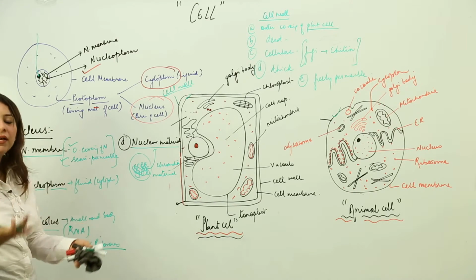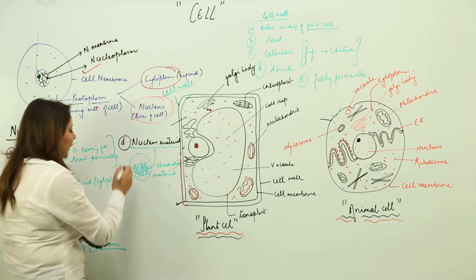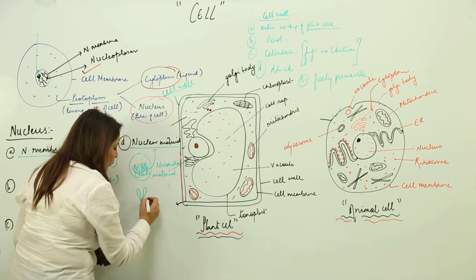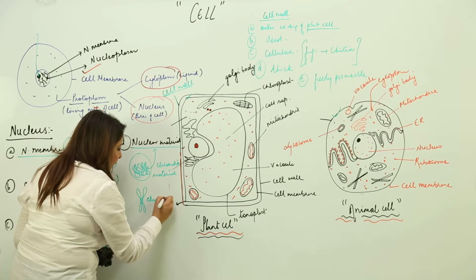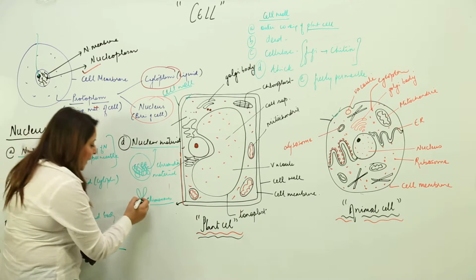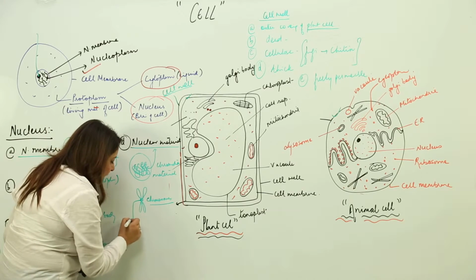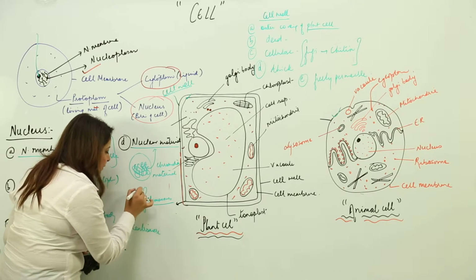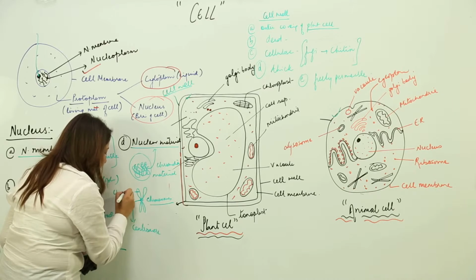But later, in the stages of cell division, it gets condensed to form beautifully arranged chromosomes. When it appears like this, it is called a chromosome. The center part by which they are held is called the centromere, and these arms are called chromatids.